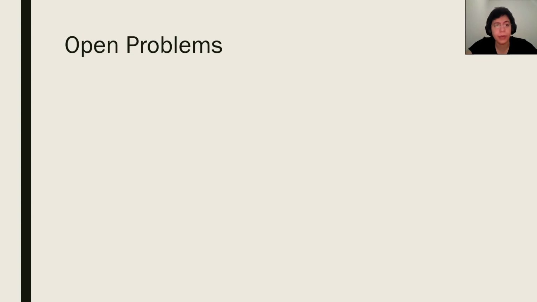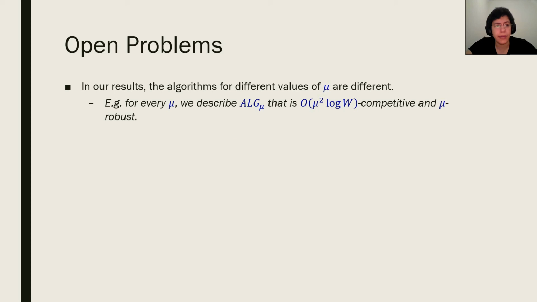And now the open problems that arise are that in our results, the algorithms for different values of mu are actually different algorithms. So this means that the way to use our algorithms is to be given mu and then choose the correct Alg_mu for that distortion, and that Alg_mu is going to achieve this bound here, which depends on mu.